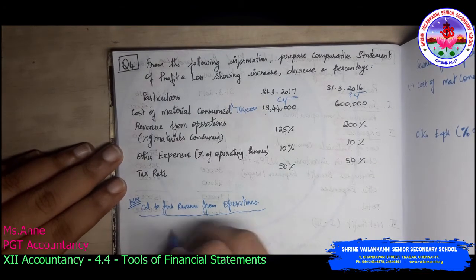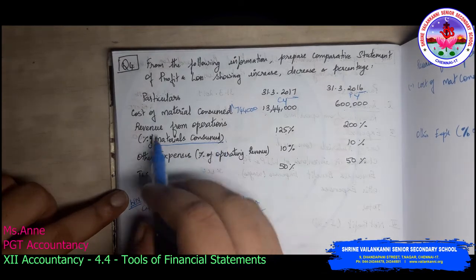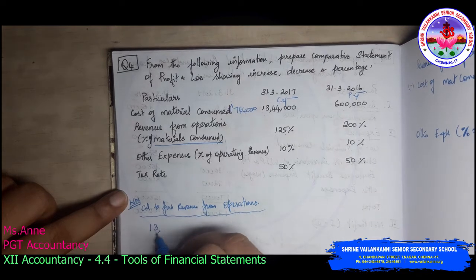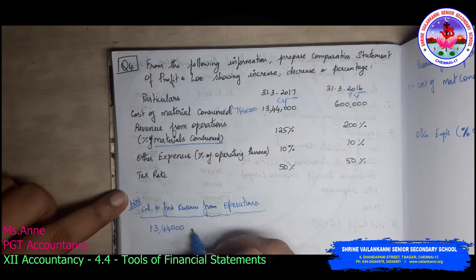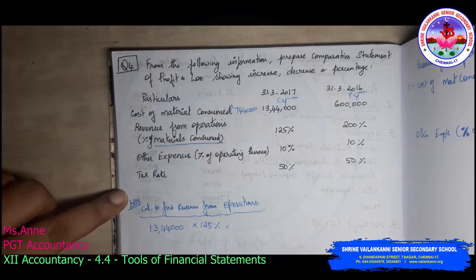So it is percentage of material consumed. You should be very careful. So material consumed is 13,44,000. Out of that, 125% will be the revenue from operations.